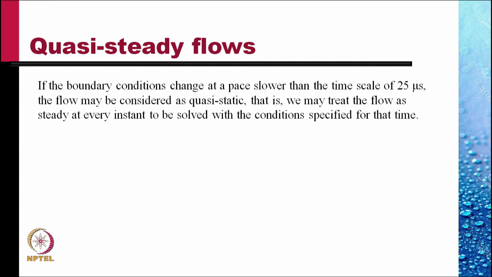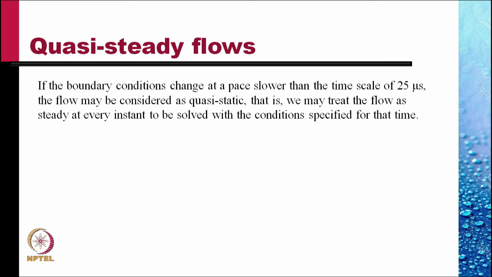Also, if the boundary conditions change at a pace slower than the time scale of 25 microseconds, the flow may be considered as quasi-static. That is, we may treat the flow as steady at every instant to be solved with the conditions specified for that time.